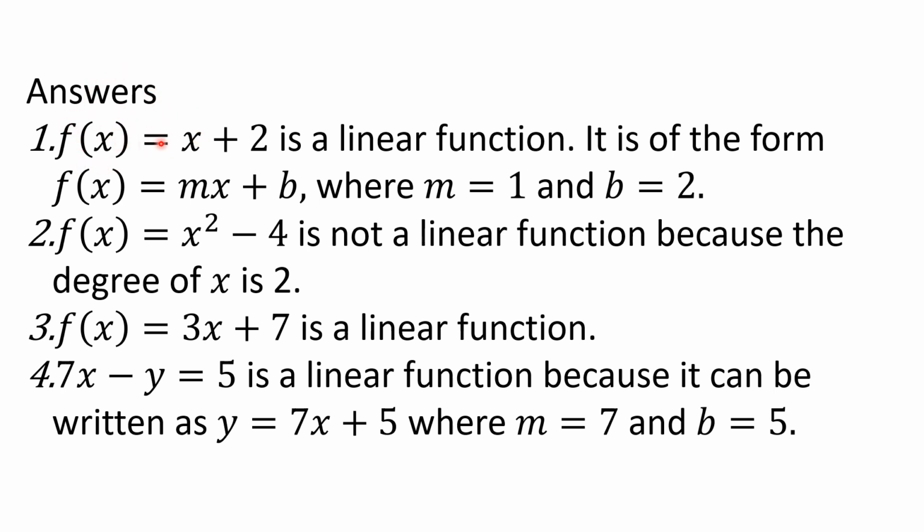So take note that y is equal to f of x. If I write it as y equals x plus 2, it is still a linear function, whether we use y or f of x.